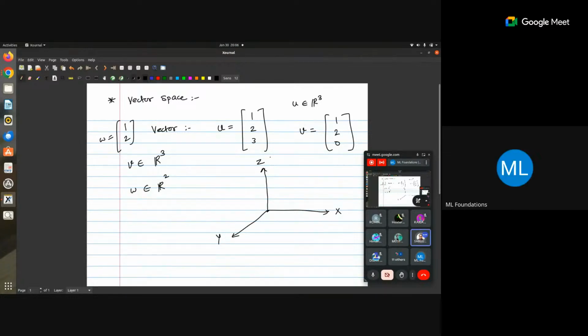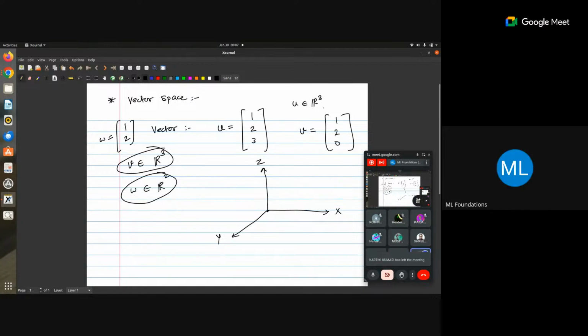So that is the difference between these two, and that's why this is very important. When I'm writing R3, it means that vector is in three-dimensional space, and w is in two-dimensional space, which is a different thing.